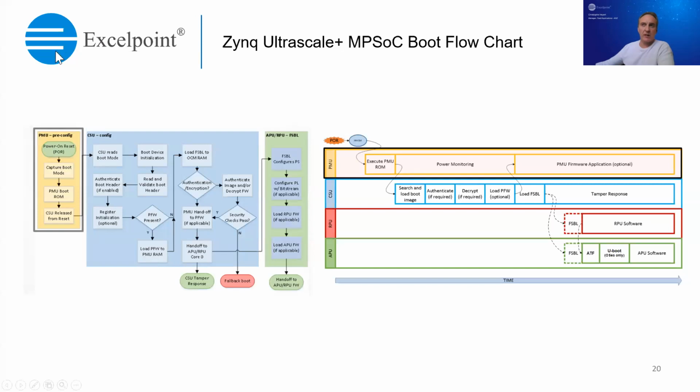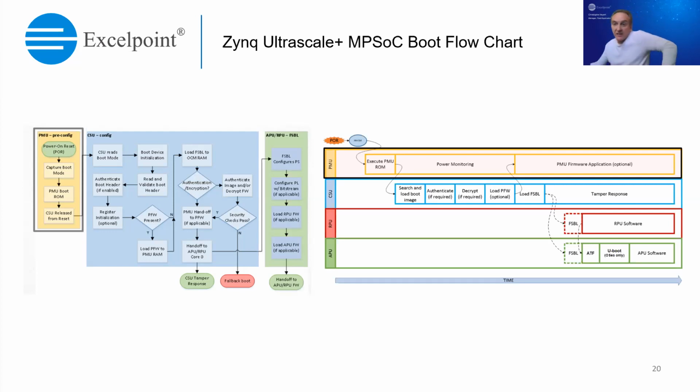The first thing that happens is the PMU wakes first, and it waits for the power on reset to be asserted. The PMU begins execution from the PMU ROM, and the first task it performs is to look at the 3 pins that describe the boot source, which can be JTAG, SD card, USB, flash, etc. From here, the PMU will then check the eFuse bits and determine if safety and system integrity checks should be performed.